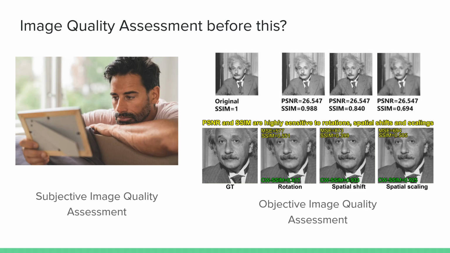When a human looks at an image, you can most of the time tell if the image has been altered or changed. This is subjective image assessment, and this is the main way that image assessment has been done for a while.